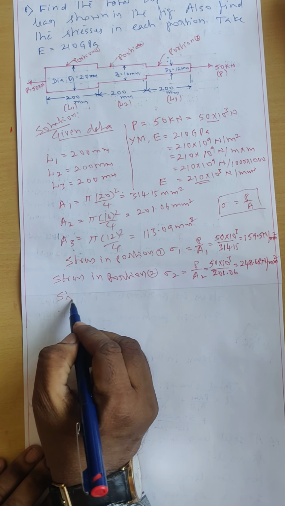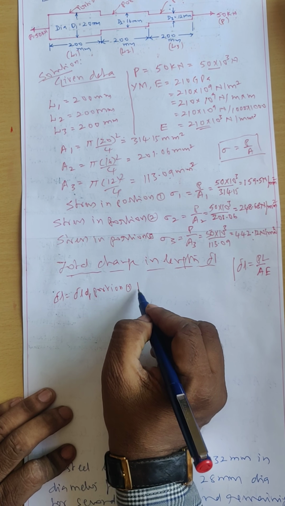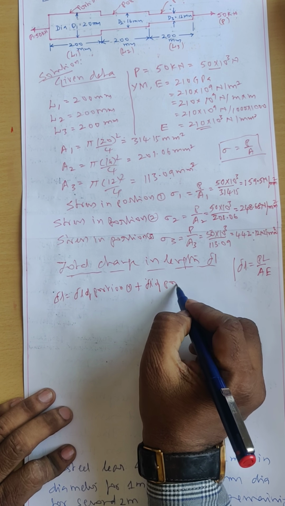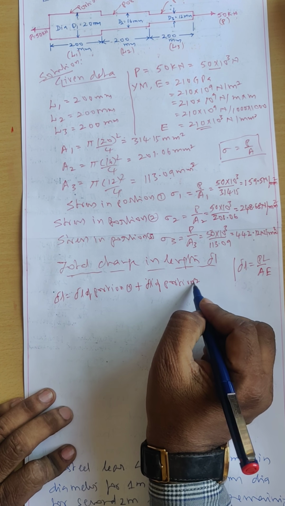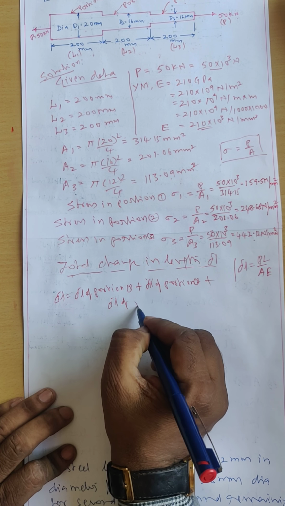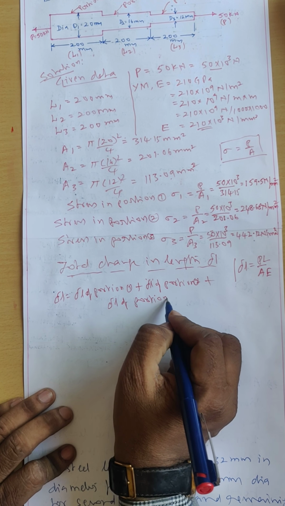Now for the first portion I have to add change in length. Delta L equals delta L of portion 1 plus delta L of portion 2 plus delta L of portion 3.